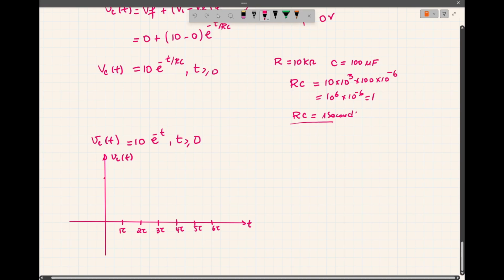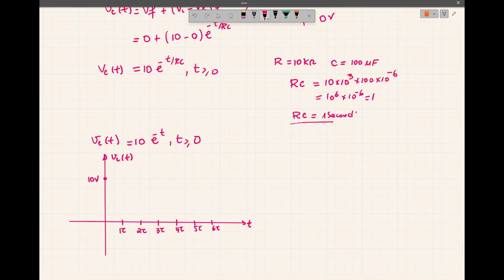At t equal to 0, the voltage will be 10 volt. Then at t equal to 1 time constant, we have 10 times e to the negative 1.